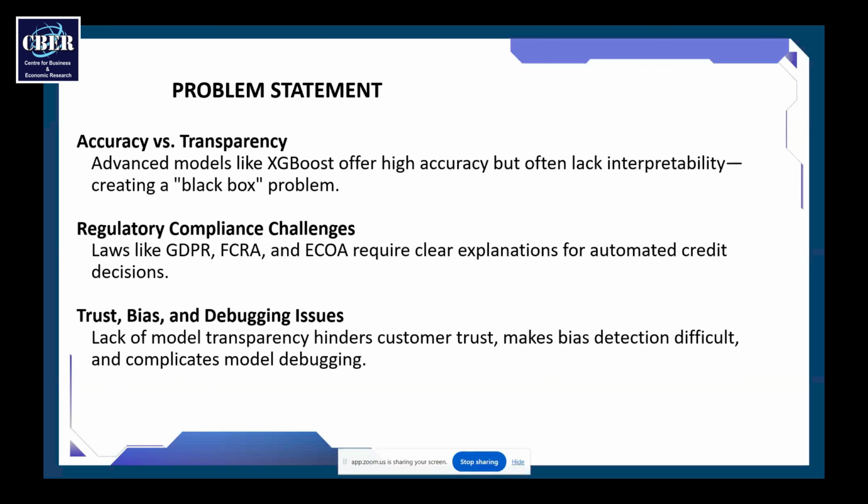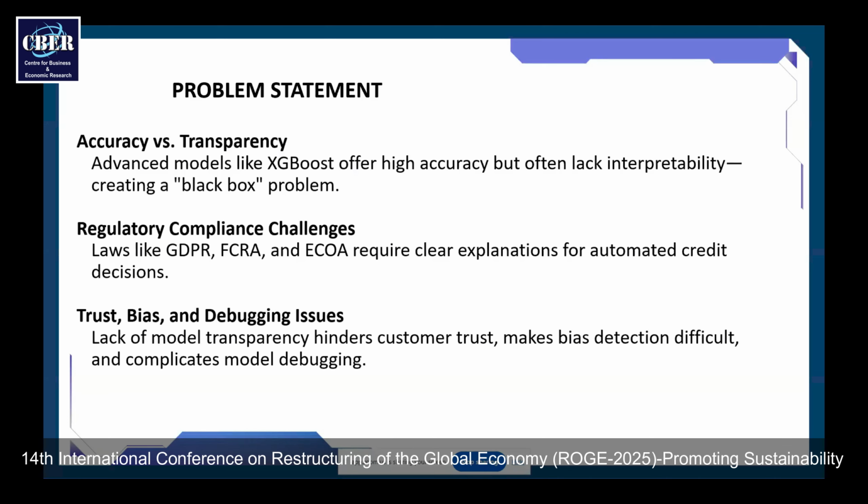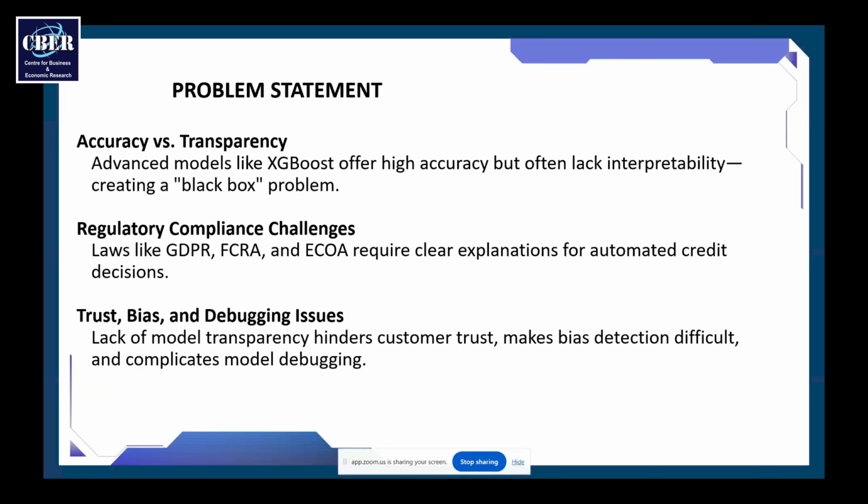So here are the problem statements: accuracy versus transparency. Advanced models like XGBoost, the traditional machine learning model, offer high accuracy because from a human point of view, it gives a good prediction as to whether a loan should be given or not. But it lacks interpretability. It doesn't explain why the loan has been given or not, creating the black box problem, which I spoke about earlier.